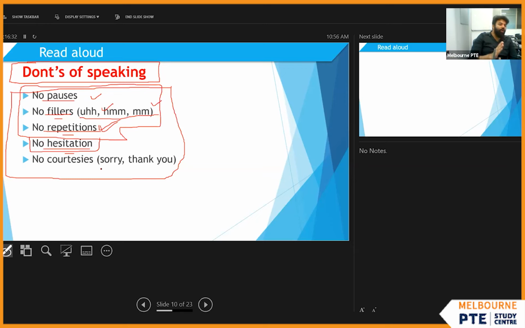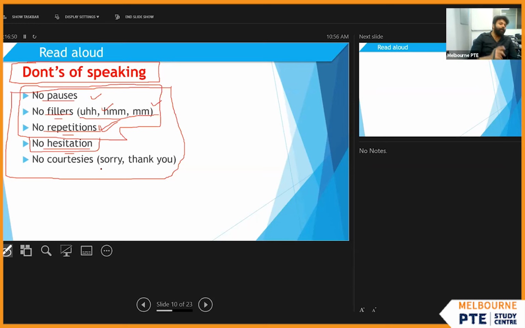So it's very important that you sound confident. Make sure you speak a bit loudly with a bit of energy in your voice, so that you sound confident just by the tone and loudness of your voice. That's also important here.